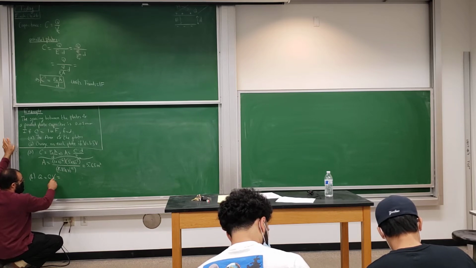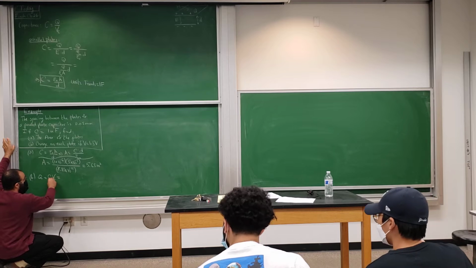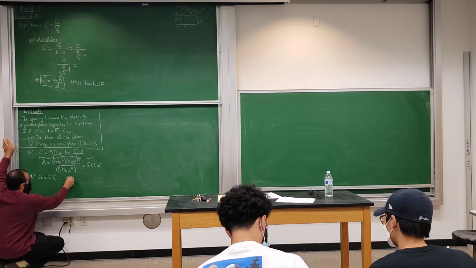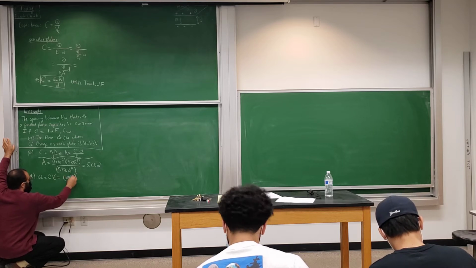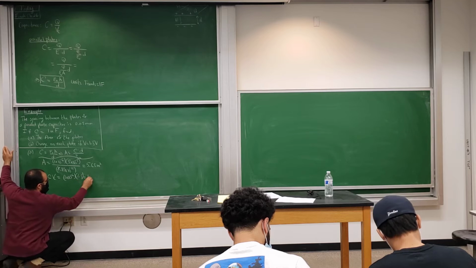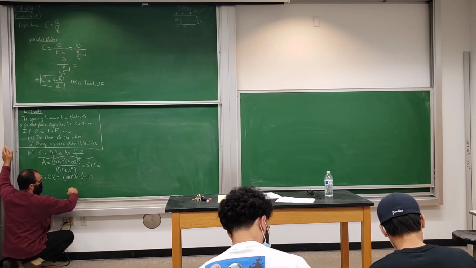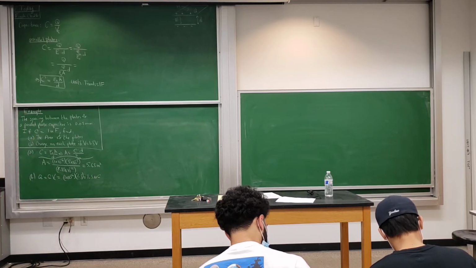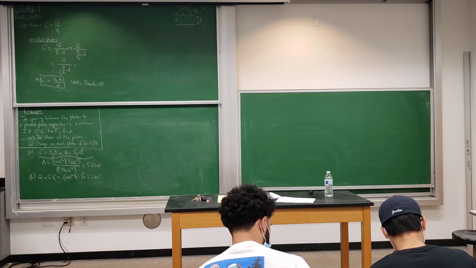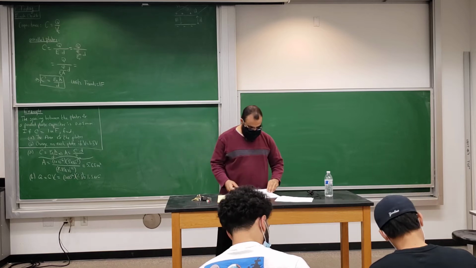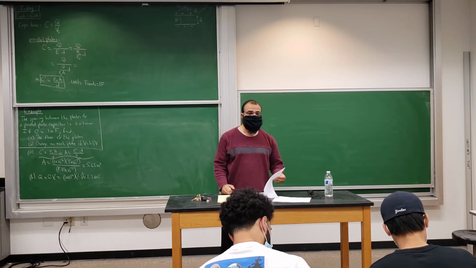C is 1 microfarad, 1 times 10 to the minus 6, and the voltage is 1.5. So this is 1.5 times 10 to the minus 6 coulombs, so I'll just say 1.5 microcoulombs. That's the charge. Great.